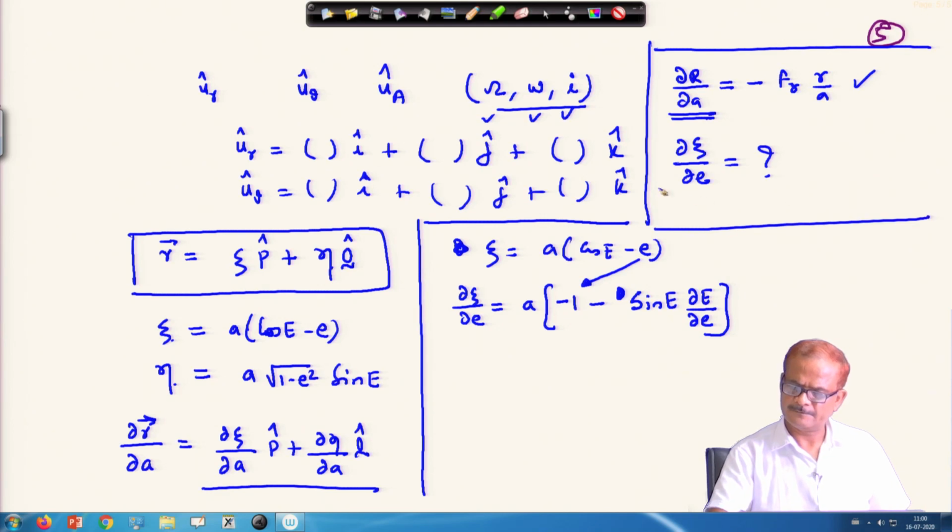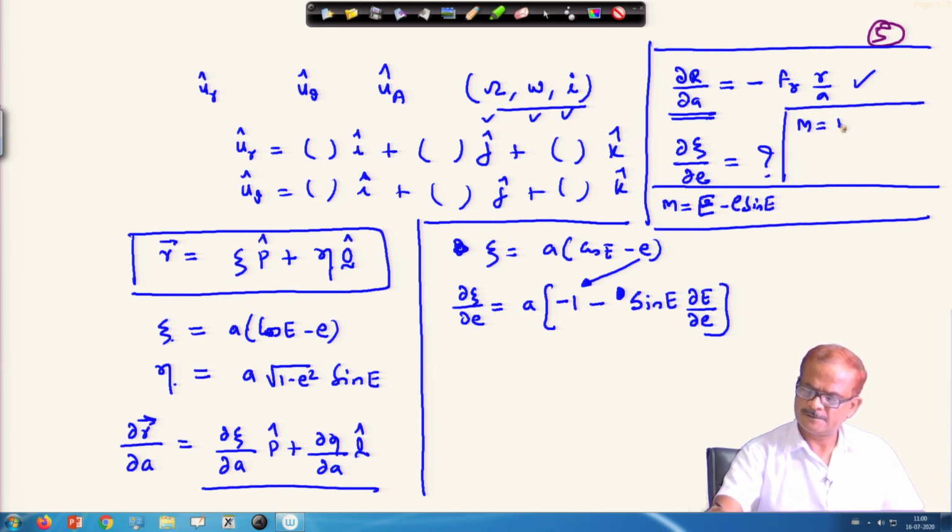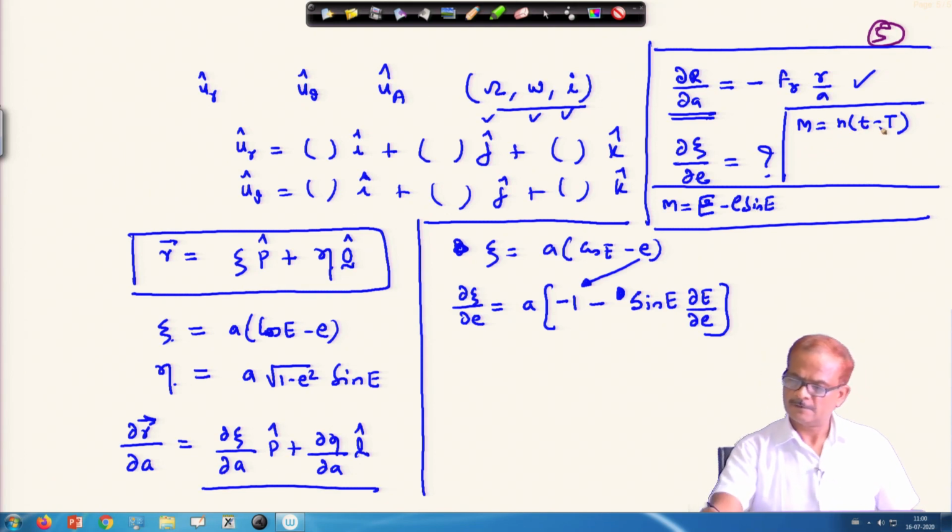And why are we differentiating this? Because we have M = E − e sin E, okay. And M is the quantity which is written as n(t − T), where capital T is a constant, and therefore once we differentiate.